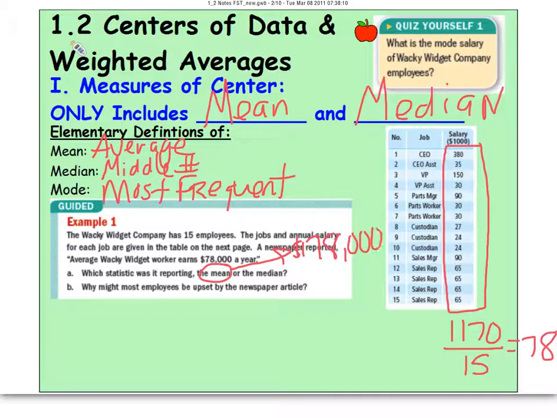Well, let's see if they were talking about the median also. Remember, to find the median, what you do is put the numbers in increasing order and then find the number in the middle. So let's start by putting all the data in increasing order. We have two 24s, followed by a 27, a 30, actually three 30s.